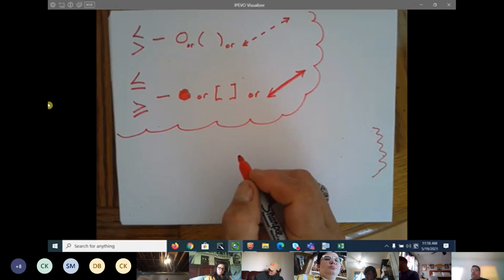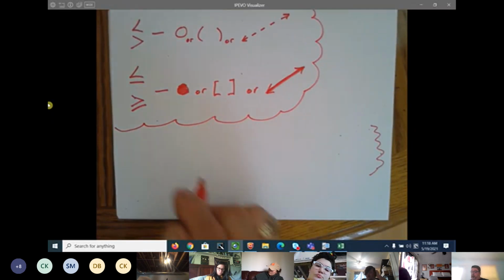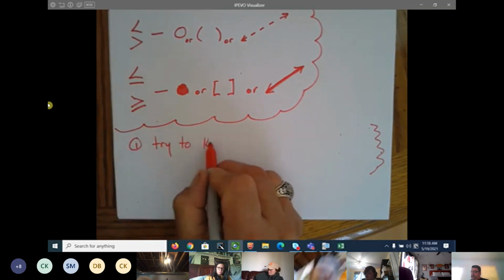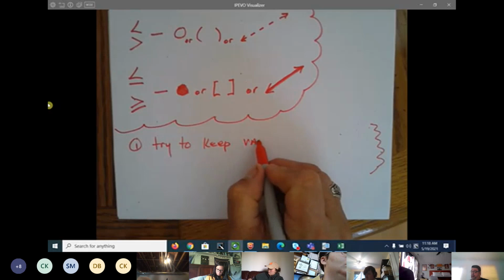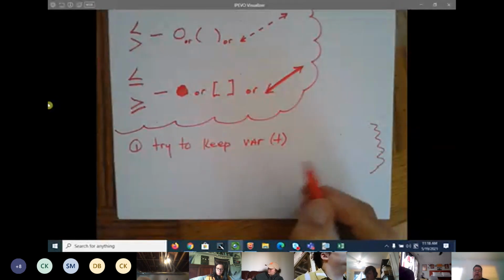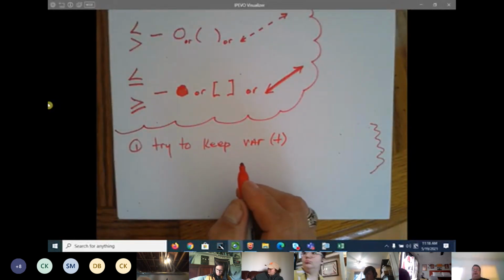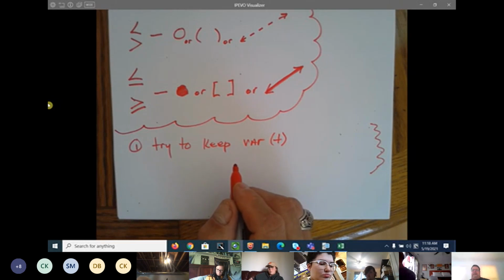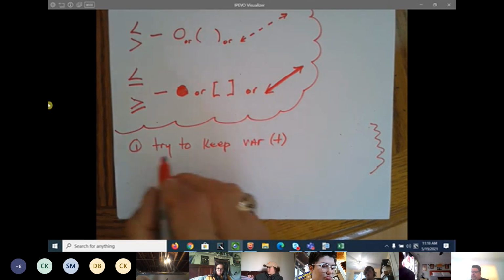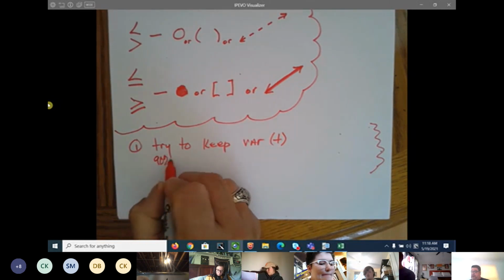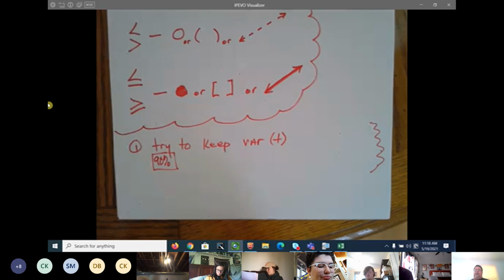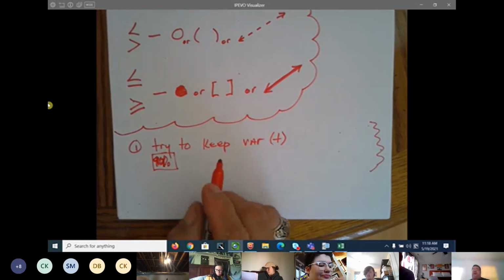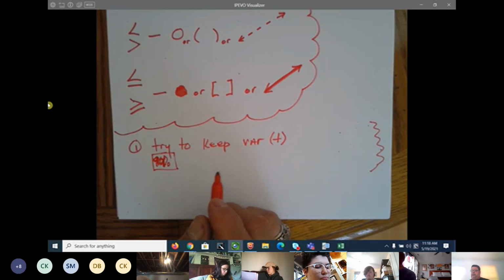But this is what you have to remember when you're doing inequalities. Now, there's a couple of rules that you should remember also. Number one, always try to keep the variable positive. Because if you keep the variable positive, you don't have to worry about dividing through by a negative and flipping the sign. 99% of the time, you can keep the variable positive.